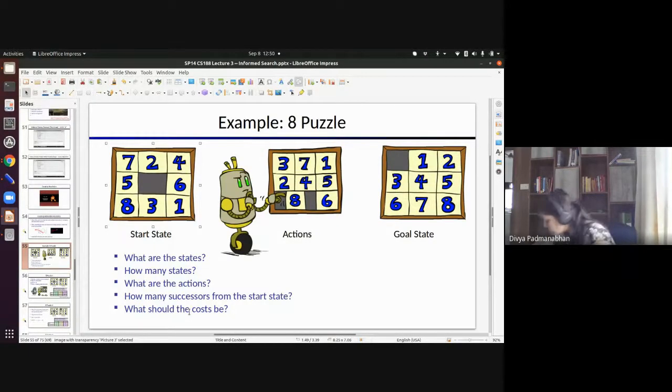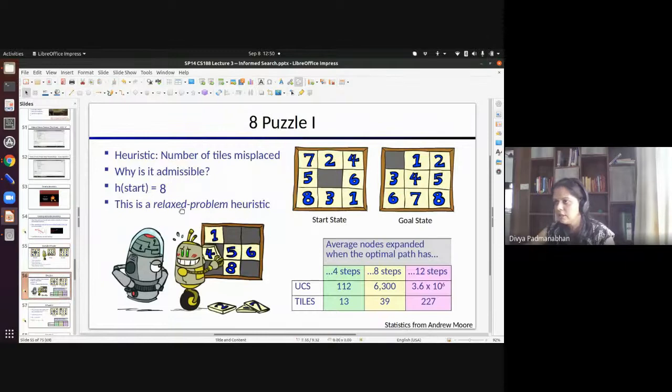But now I'm just going to talk of the heuristics in this case. If the states capture the configurations, the heuristic tells you how far each state is from the goal.